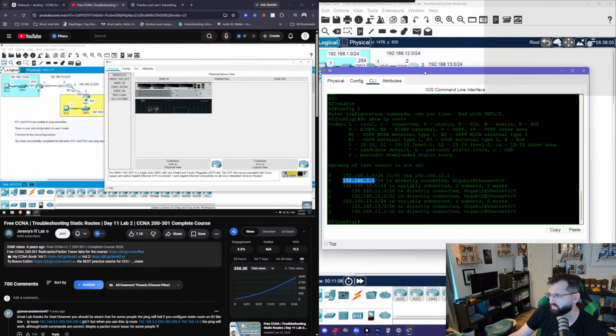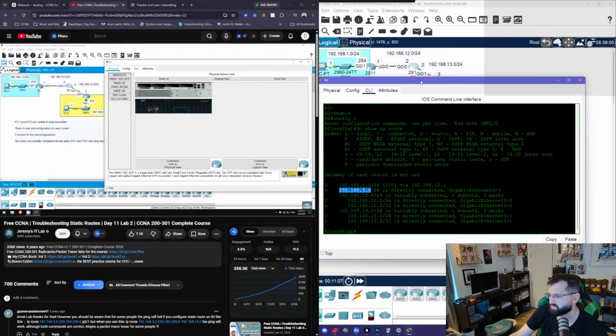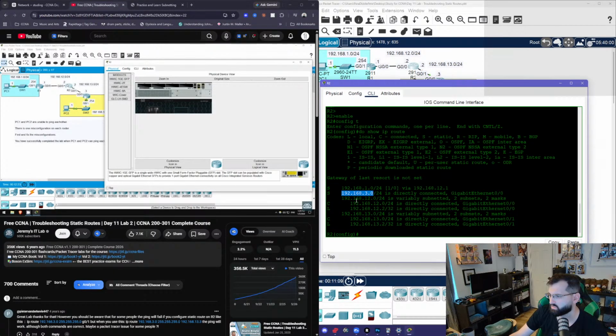It's not directly connected. Oh, I didn't check to see if it was... show running config.